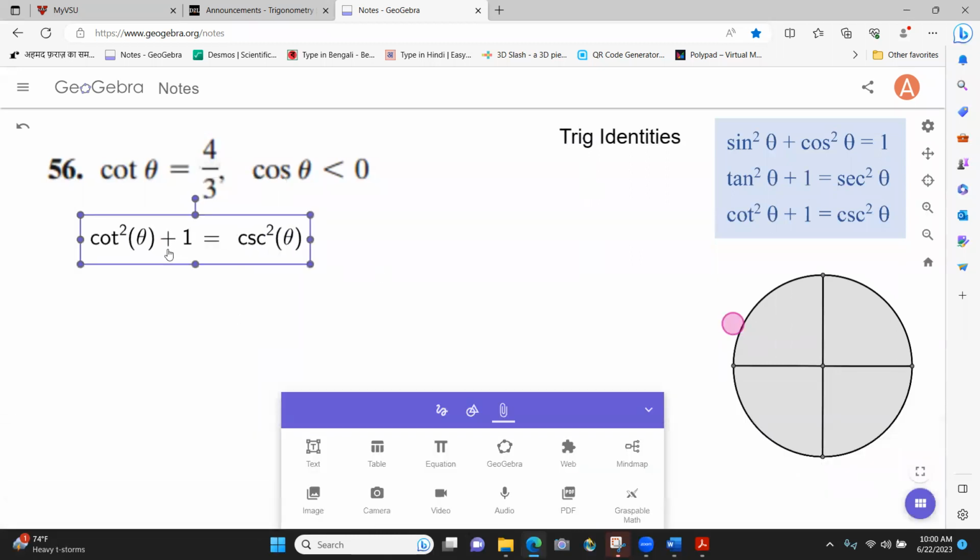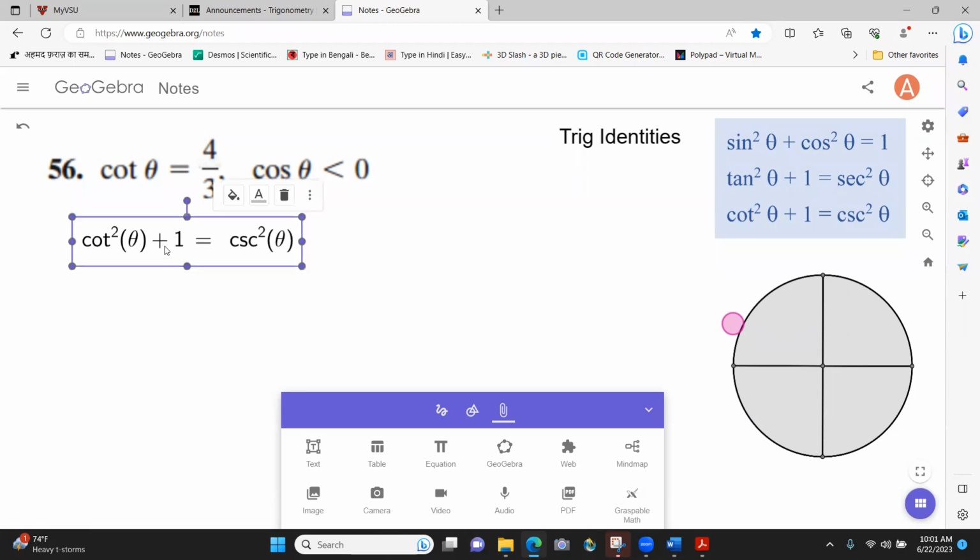Fine. Now, a couple of things, guys. Sometimes students want us to show everything, which is fine, but when we write too many things, it happens to me and it happens to some of my students, we tend to make a lot of mistakes. So one thing you can do, you can save a little bit of time too. You can say cotangent squared theta will be 4 squared over 3 squared.